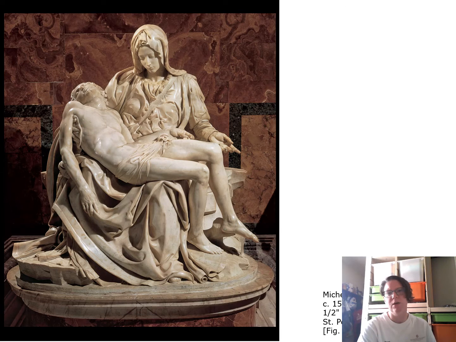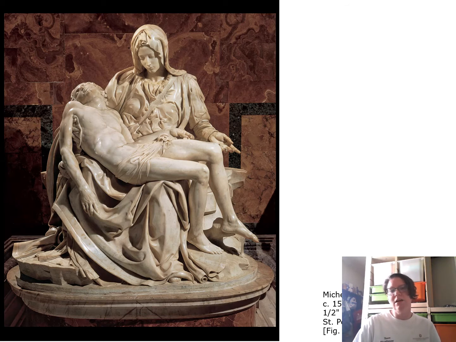This idea of Mary holding Jesus after he had descended from the cross, which in Christian folklore is called the Pietà. Michelangelo takes a Northern Renaissance idea and puts it into the High Renaissance Italian formula of real plus ideal.